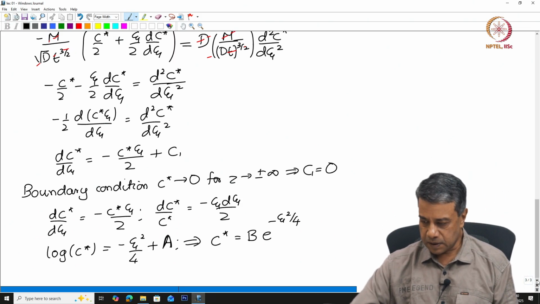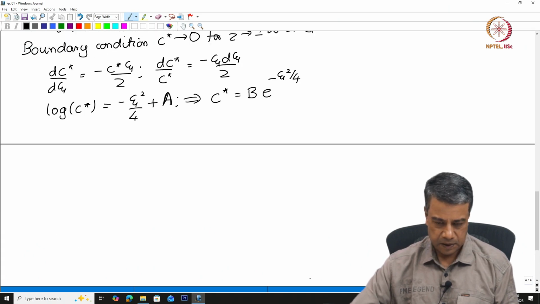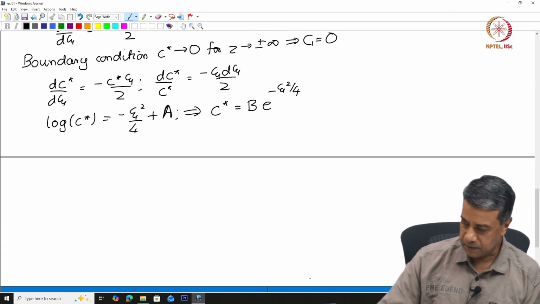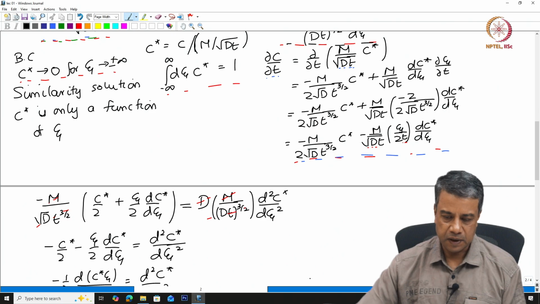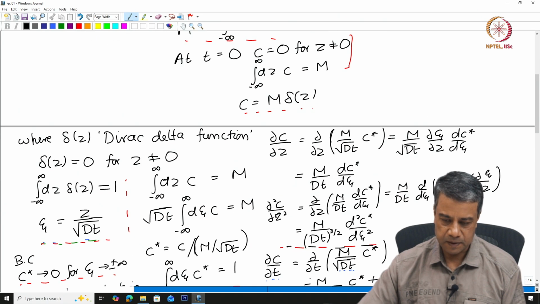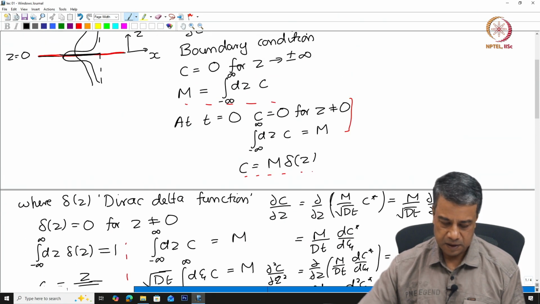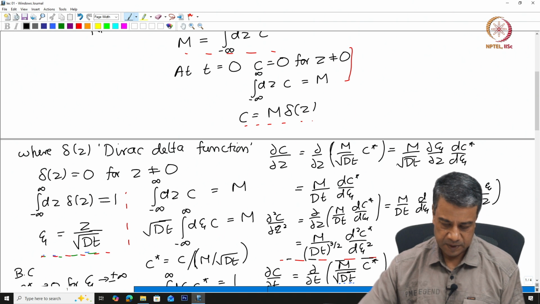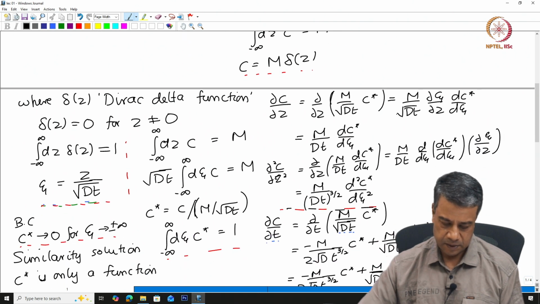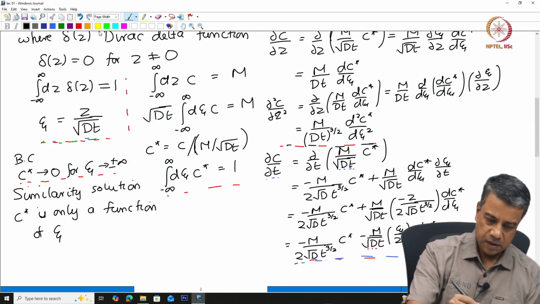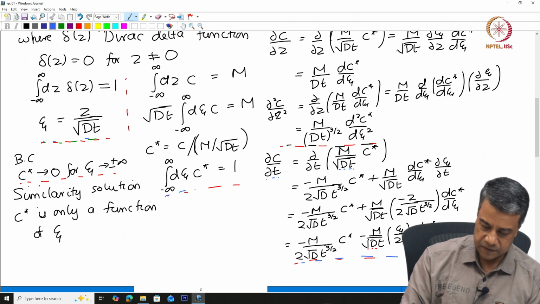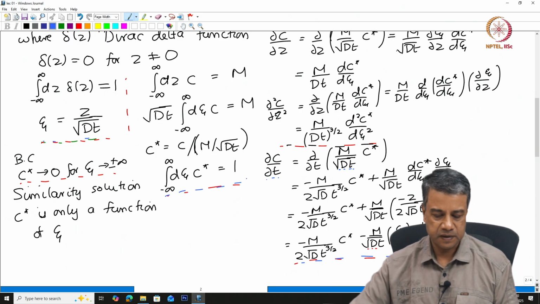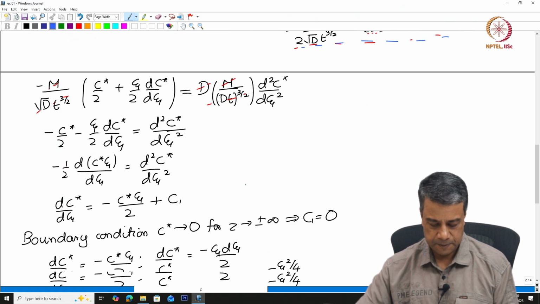And now we have to determine what this constant B is. That has to be determined from the condition that we had. If you recall, in terms of the scaled variable, the integral of C star between minus infinity and plus infinity has to be equal to 1.